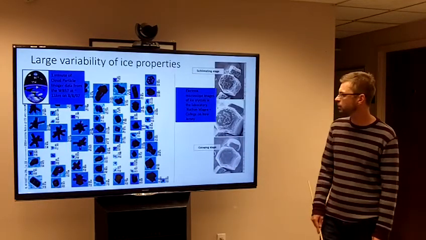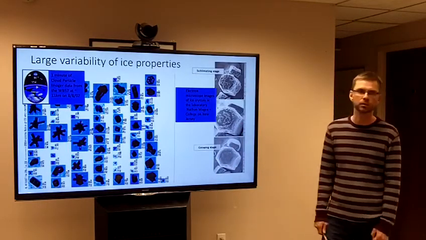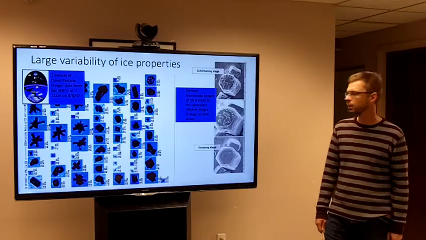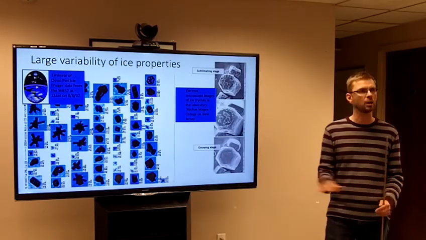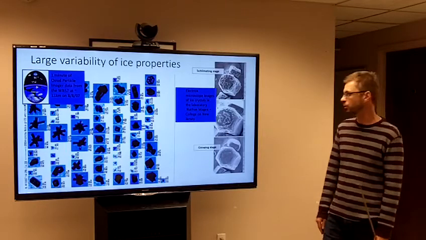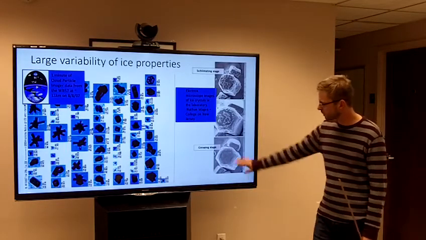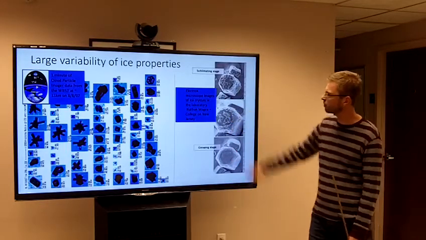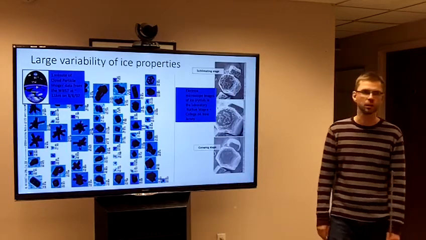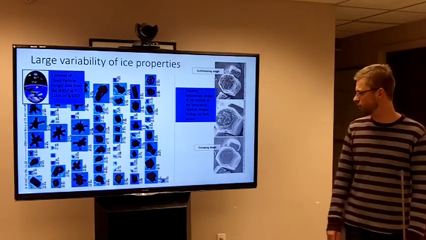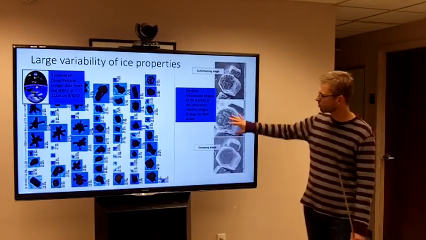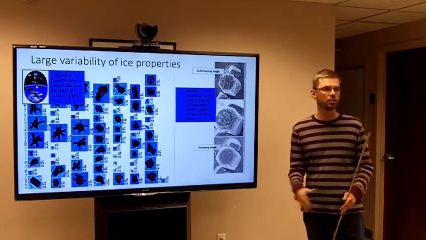Then zooming in further on these crystals, which are crystals grown in the lab, you can see that the surfaces are usually not smooth. You can see those roughness structures on these ice crystals, and those structures change.